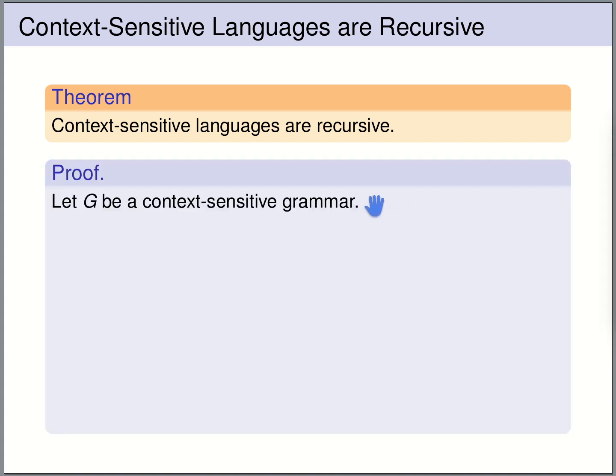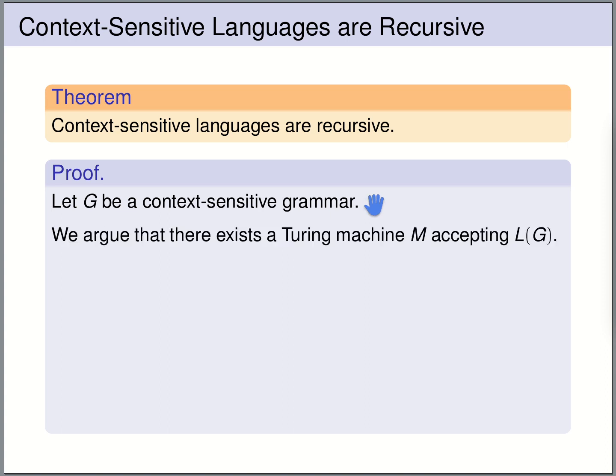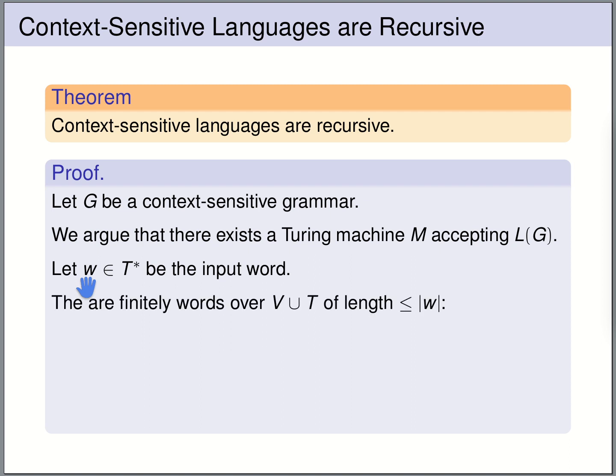Let's start with a context-sensitive grammar G, and we're going to construct a Turing machine that accepts the language generated by G. Our Turing machine takes some input word W, and now we want to determine whether W is generated by the grammar. The crucial observation is, what we've already discussed before, that in a derivation using a context-sensitive grammar, the words can never get shorter.